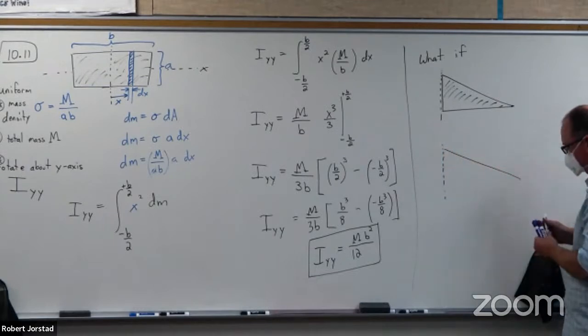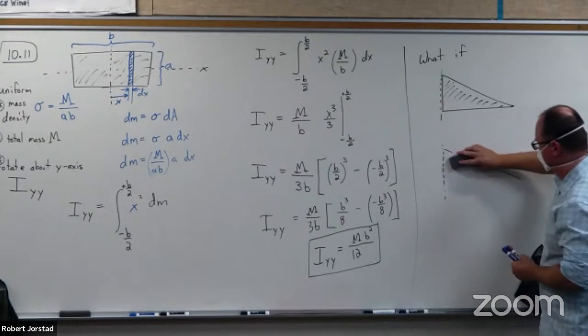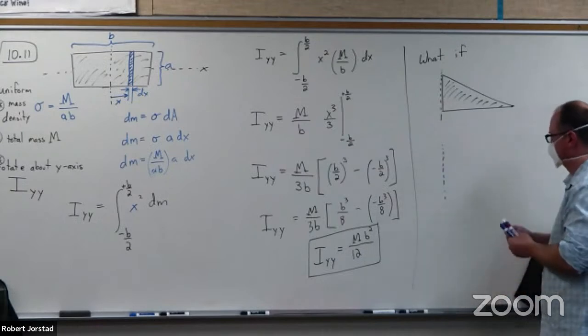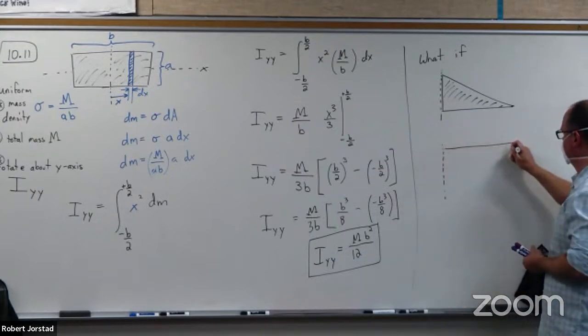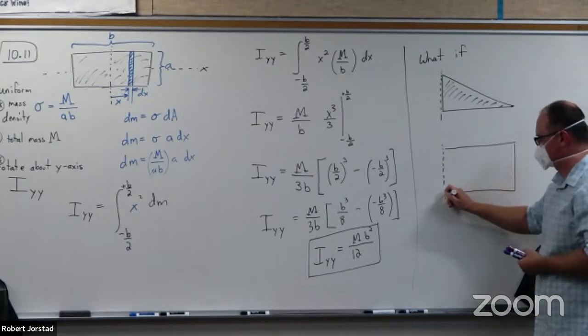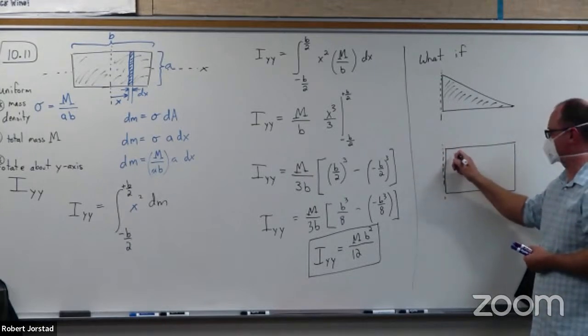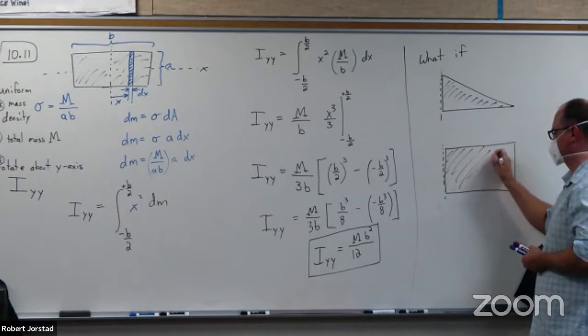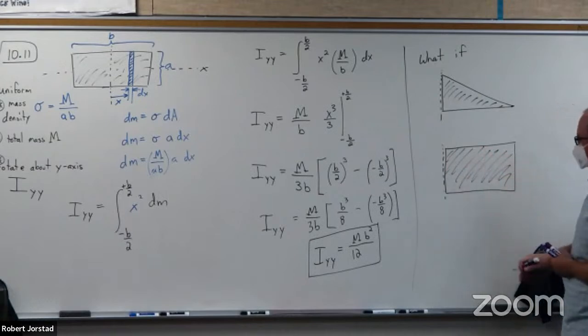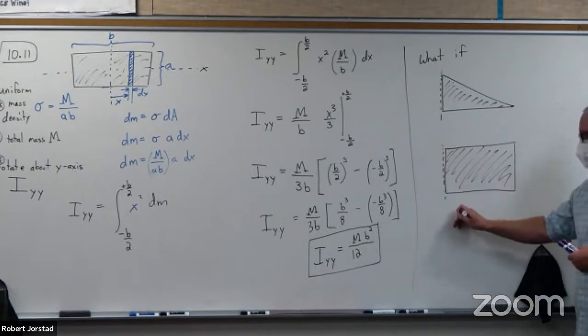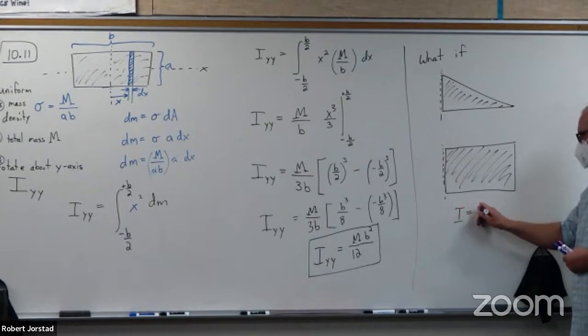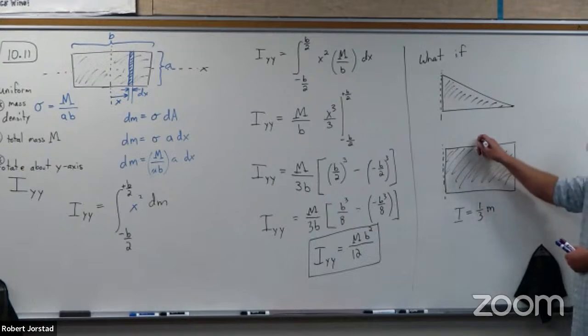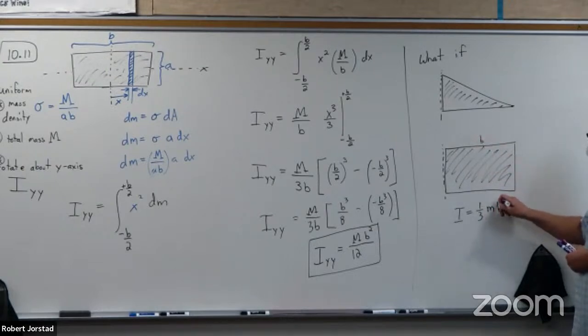What if we put this plate here? Let's say the moment of inertia for this one is I equals 1/3 m b squared, okay?